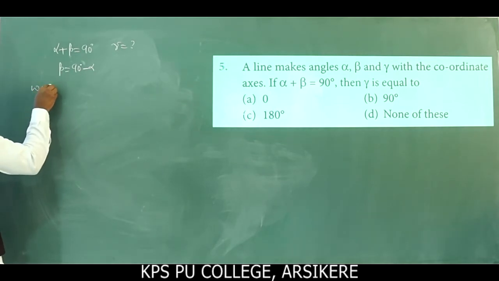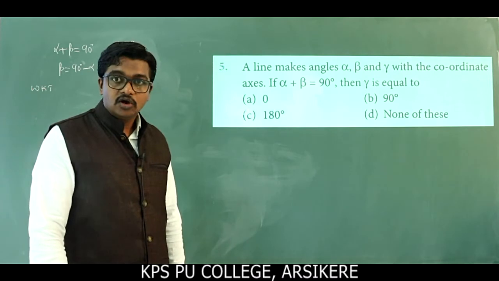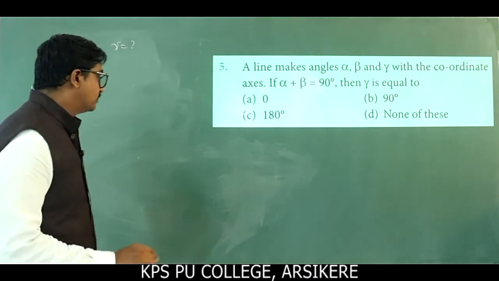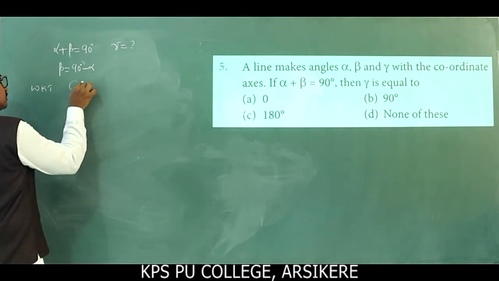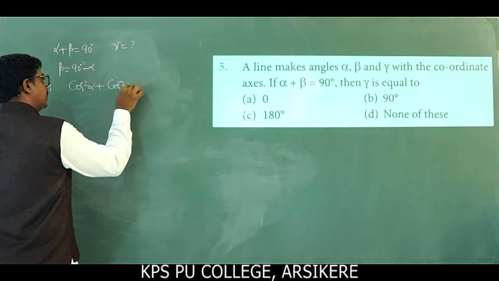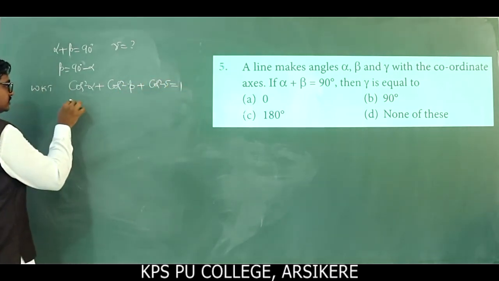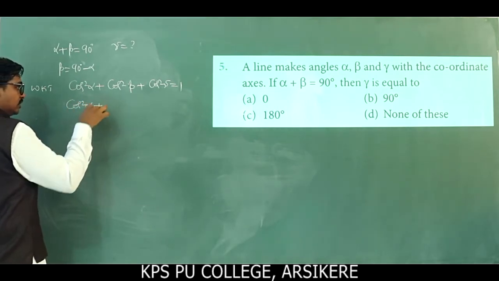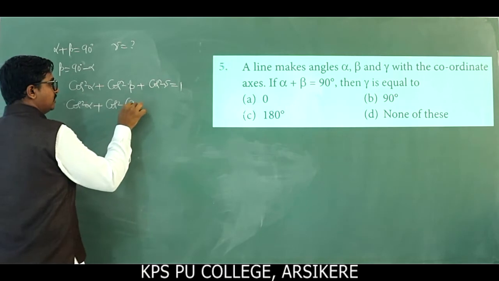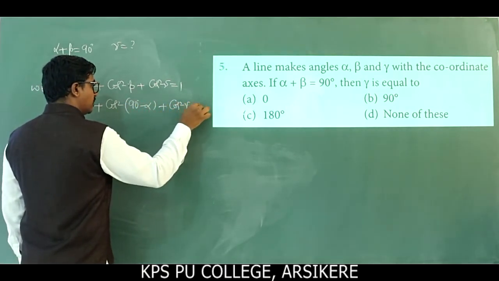We know that, just remember the relationship between direction cosines: cos square alpha plus cos square beta plus cos square gamma is equal to 1. So this becomes cos square alpha as it is, plus cos square of beta replaced by 90 minus alpha, plus cos square gamma is equal to 1.